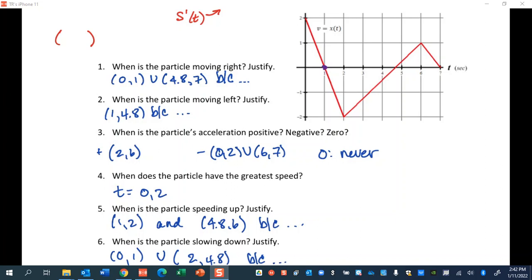Whenever I have a negative velocity and a positive acceleration, it's losing its speed. When my signs match, negative, negative, positive, positive, that's when it's speeding up. Totally has to do with the signs. Sound okay?